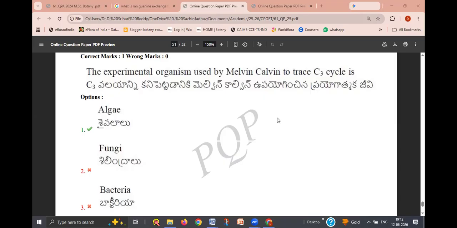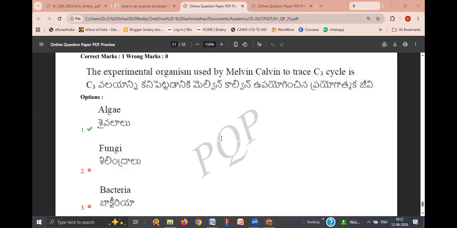It is involved in the first reaction, called carboxylation. RuBP and carbon dioxide are the substrates, and the product is 3-PGA, and the enzyme is Rubisco. So here the question is, which experimental organism was used?